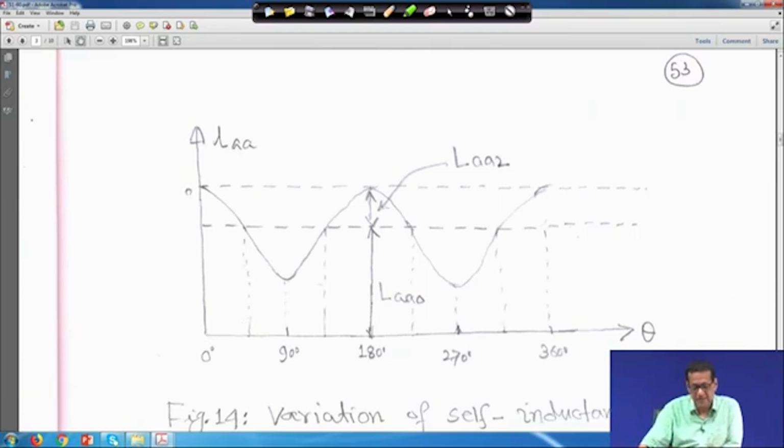When theta is equal to 0, this is the maximum, the positive value. When theta is pi by 2, 90 degrees, it is the minimum one. This part is LA2, and LA0 is constant, because LA is LA0 plus LA2 cos 2 theta. So this is the LA0 line.